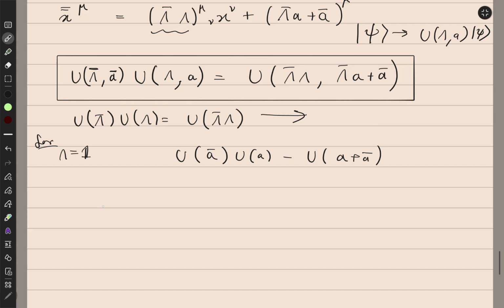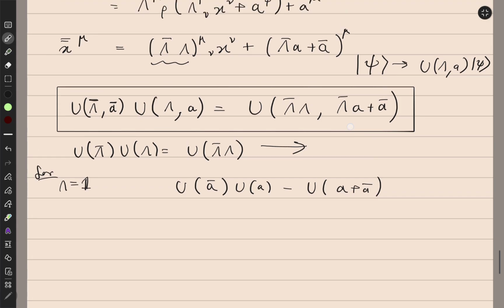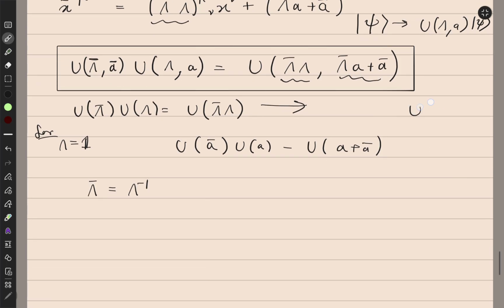So you can quickly see that if you want this to be, let's say 1, you would want to set lambda bar to be lambda inverse. And if you want this to be 0, because this is the identity, right? No space-time translation, so this is the 0 vector and the identity matrix in the boost cum rotation sector. That would mean we will have a bar equal to minus lambda bar a, and since lambda bar is lambda inverse, we can write lambda inverse a.